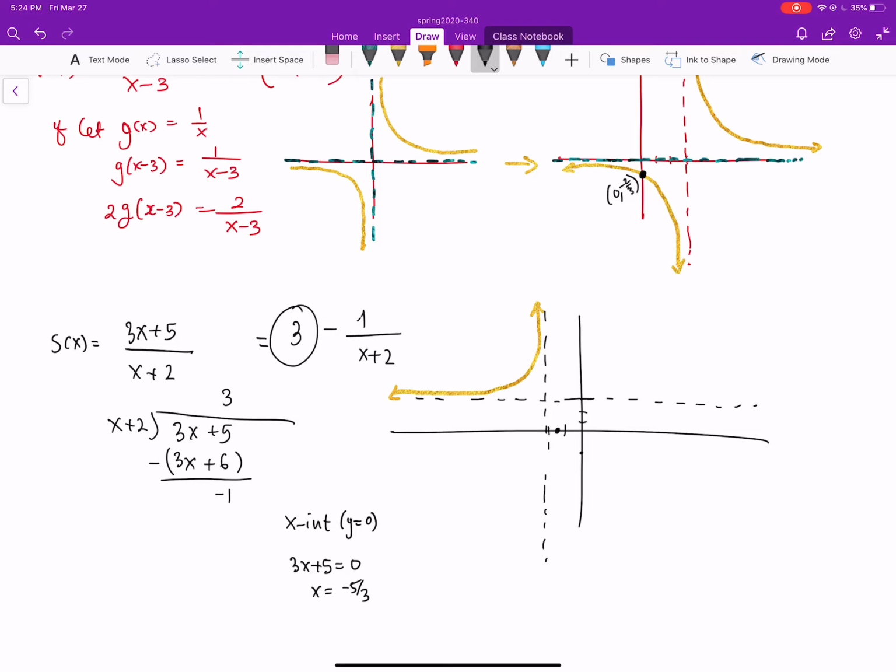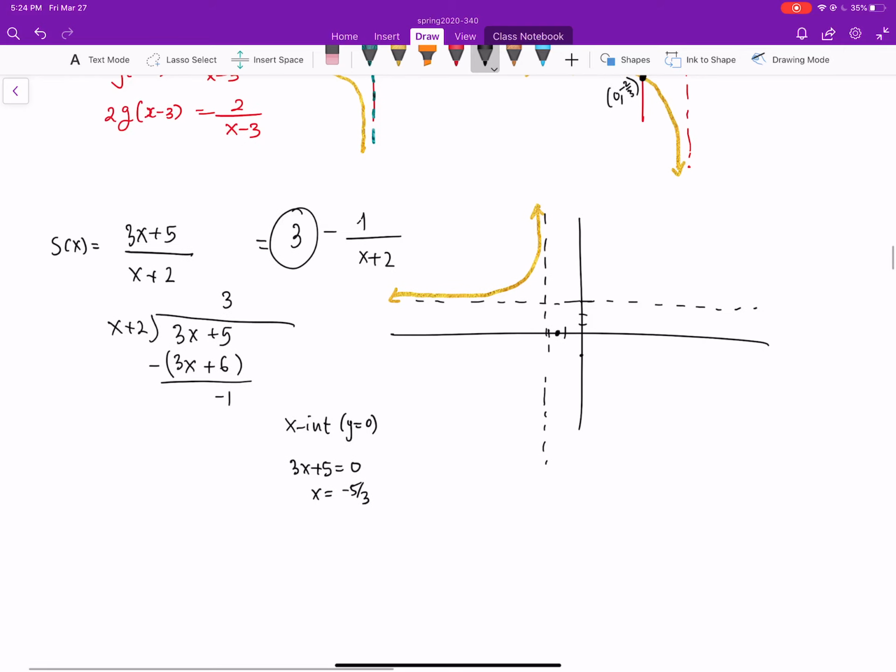And then how about the y-intercept? For the y-intercept, x is 0. And so that's 5 over 2, which is 2.5. So it's somewhere there.